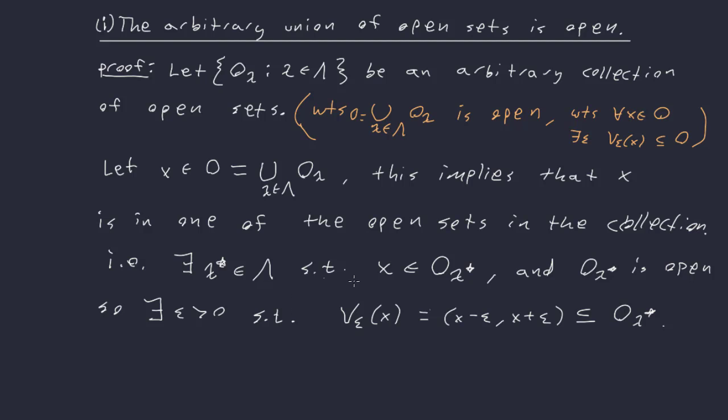Well, if this epsilon neighborhood is contained completely in this, then it must also be in the arbitrary union, because the union just takes everything that's already there and combines it all together.